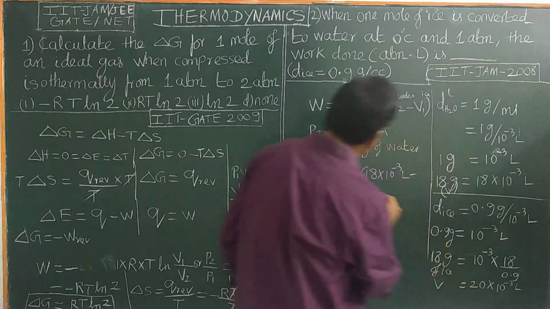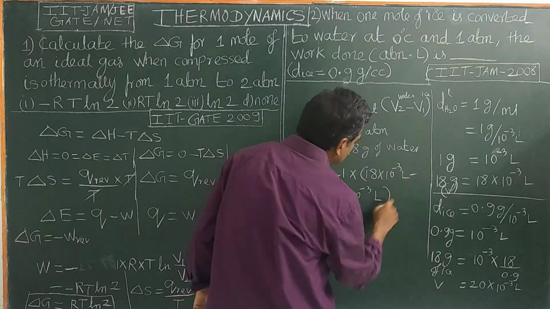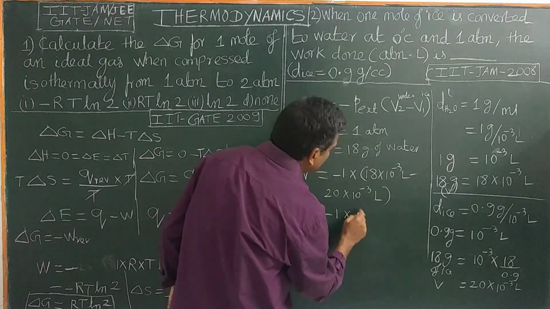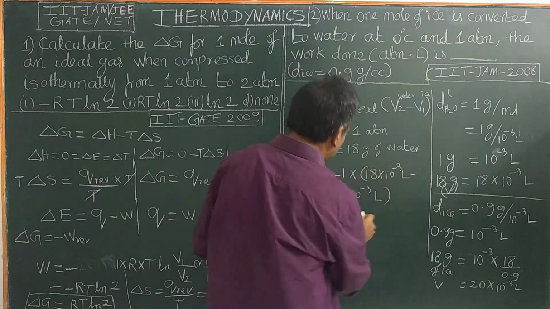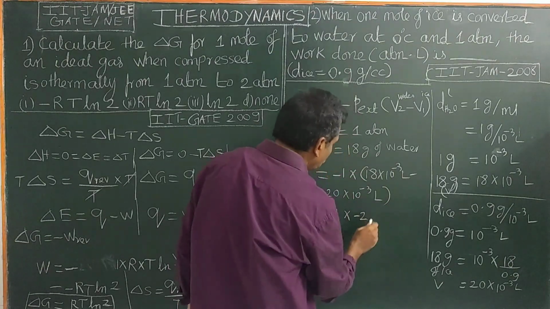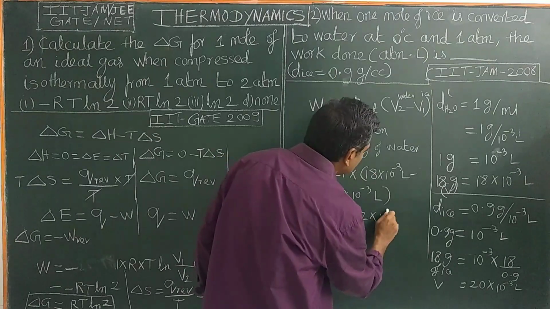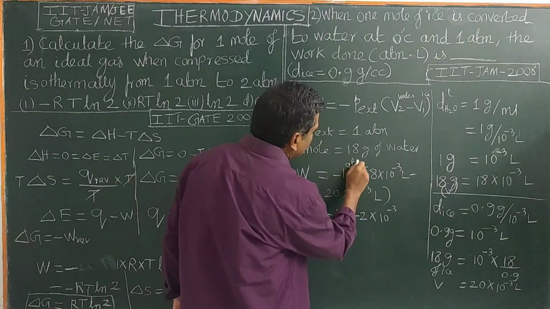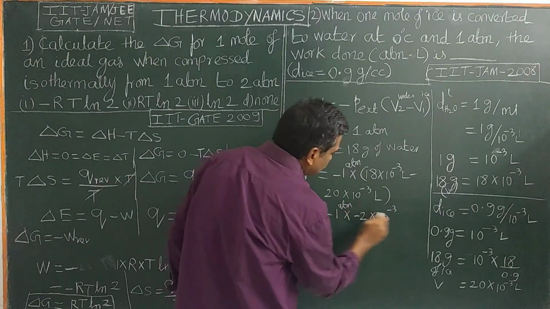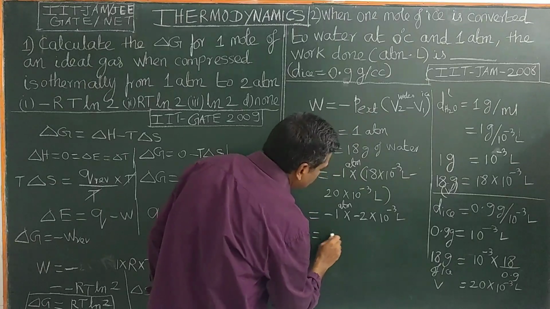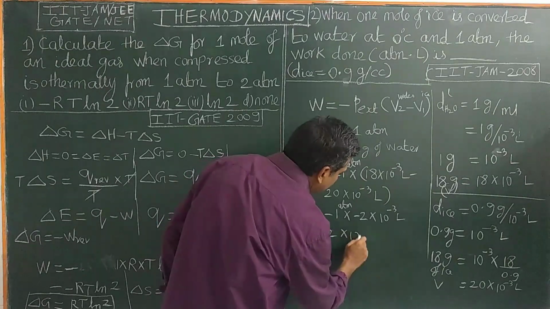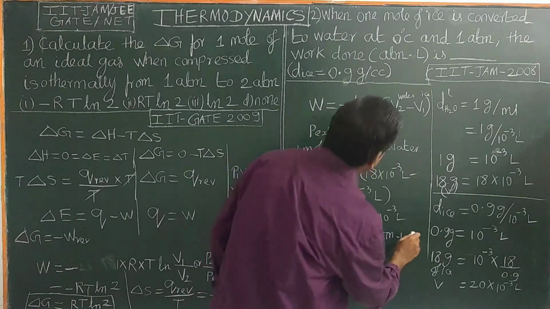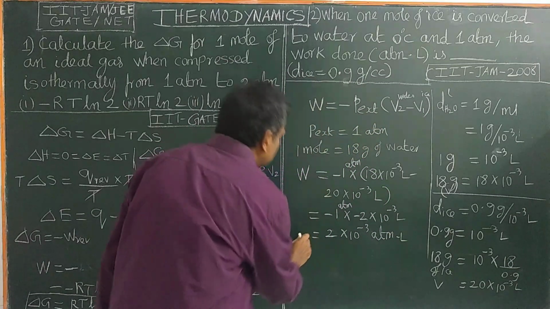Therefore, it will be minus 1 into minus 2 into 10 power minus 3. The unit is 1 atmosphere here. Always write the unit. So it will be equal to plus 2 into 10 power minus 3 atmosphere liter. They asked in atmosphere liter unit. This is the work done.